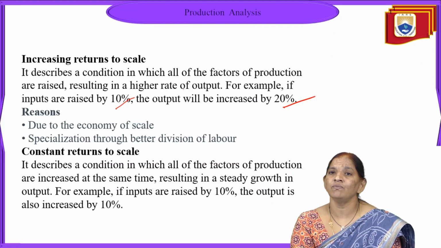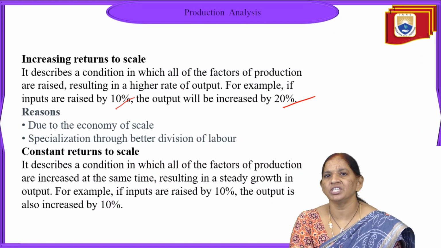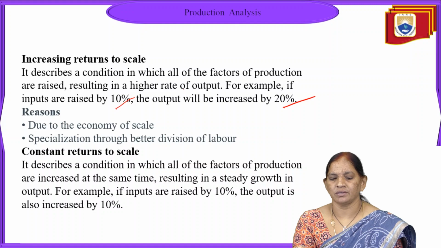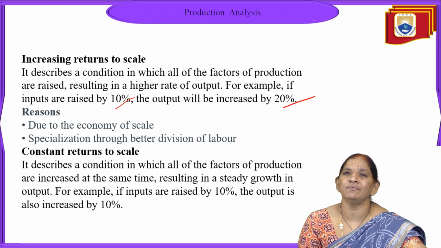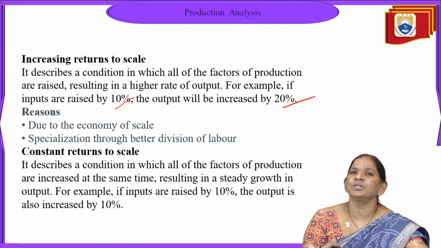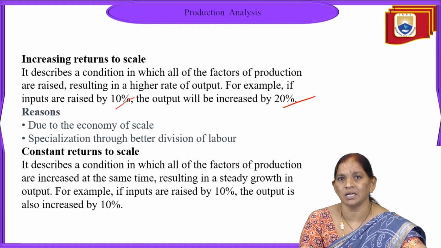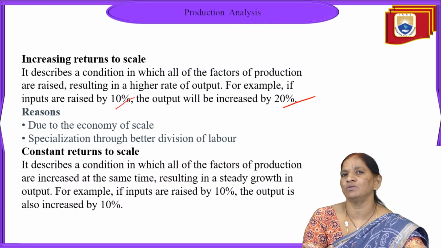In the same way, when we take this internal advantage of production capacities or enjoy the economies of scale, we can have specialization through a better division of labor. Production is going on, labor is divided, and specialization comes. Doing the same work, experience comes.